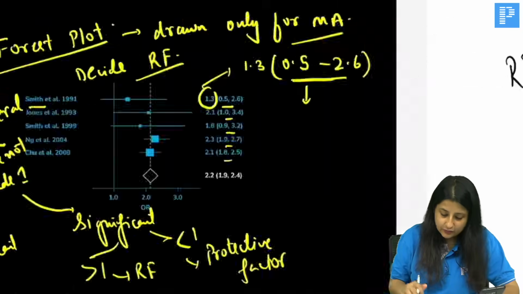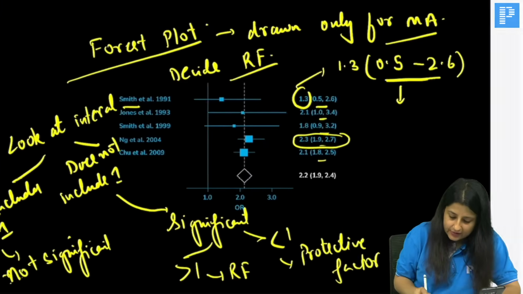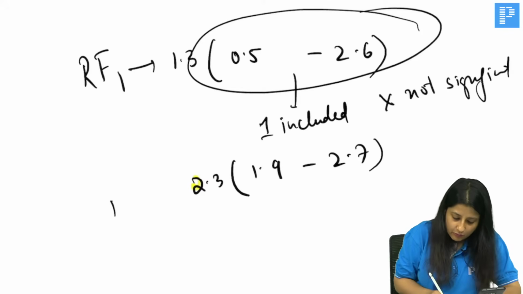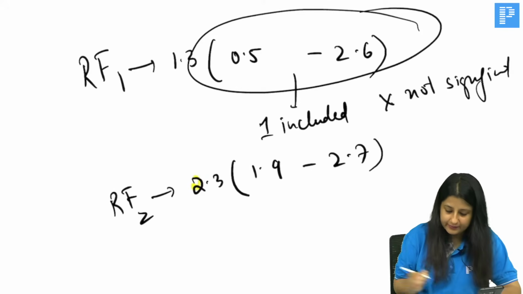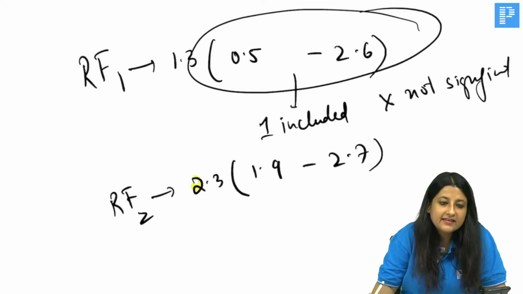Alright, now let's go back to the other image. Let us take up this fourth value. It is written 2.3, with interval 1.9 to 2.7. Now what do you want to tell me about this factor, risk factor 2? Is it significant? Look at the CI, guys.